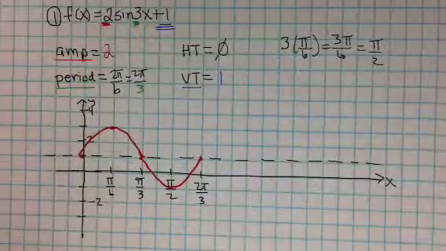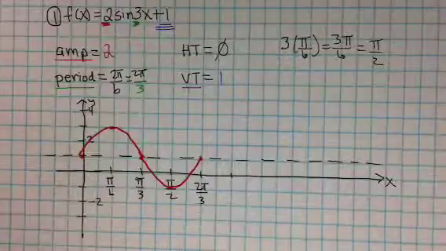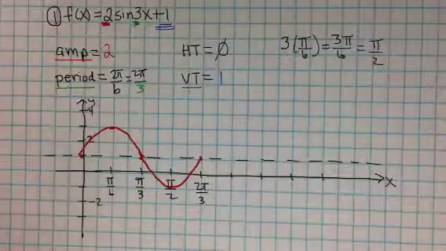And so like I said, we're going to extend it. We're going to draw 2 periods. So 1, 2, 3, 4. Well, 2 times 2/3 is 4/3. So this is going to be 4 pi over 3.